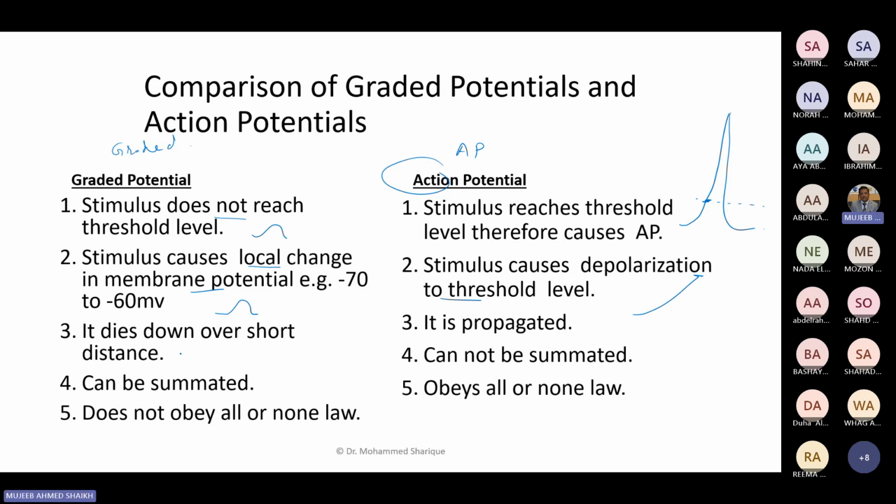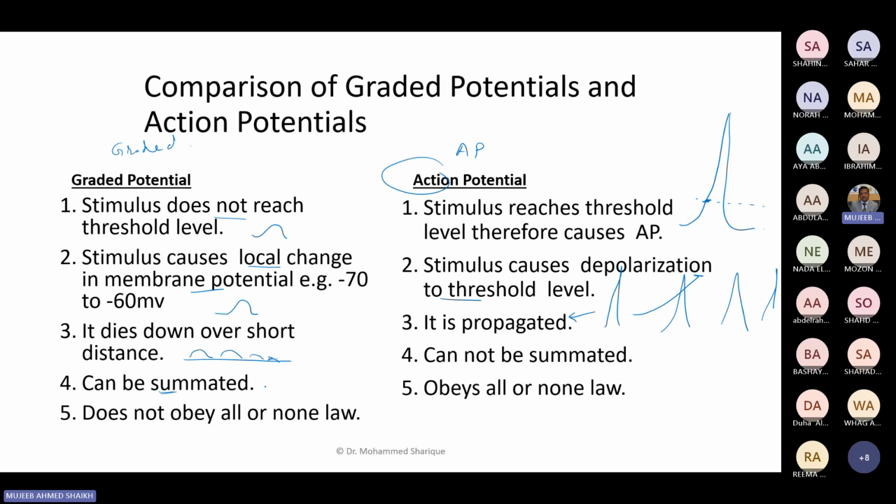A graded potential dies down over a short distance. It starts here, and after some time you will not find any membrane potential. Here, the action potential will travel the whole length, propagated throughout the length of the neuron or muscle.